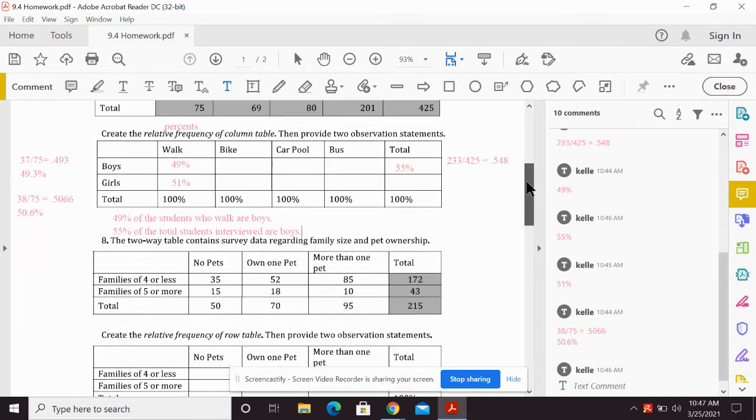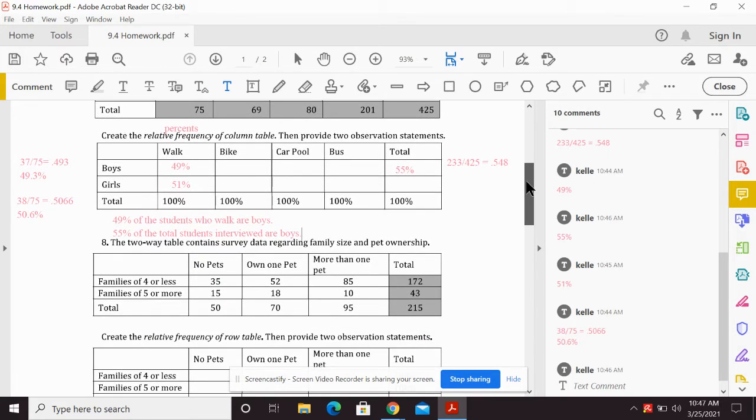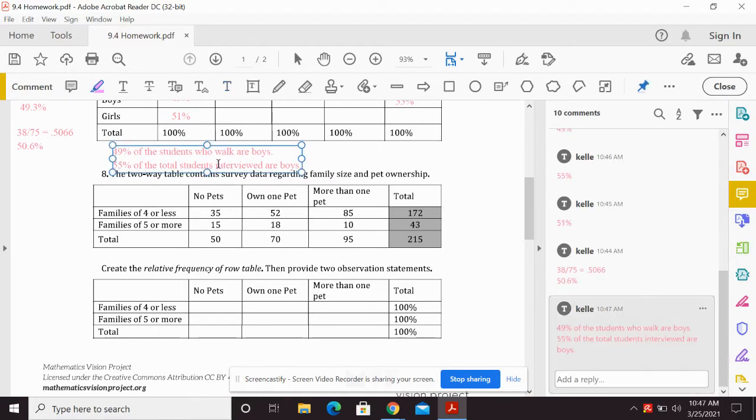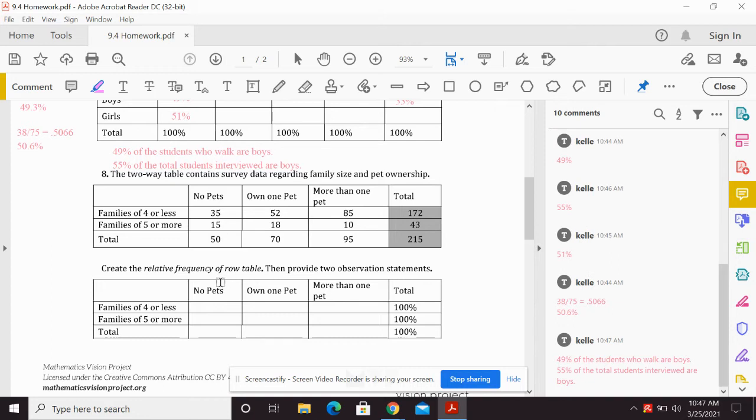All right, number 8, are you just doing the same thing? Sort of. Except now, so that was our frequency of column table. Now you're looking at the rows instead of the columns.